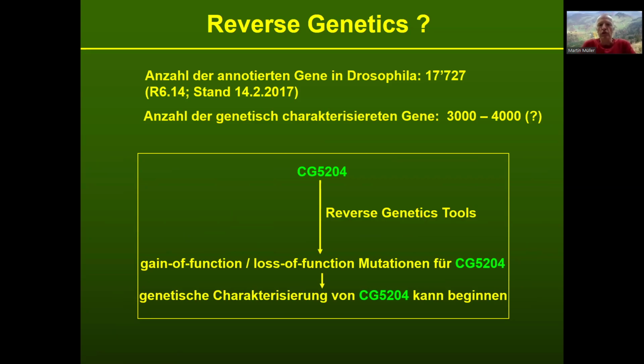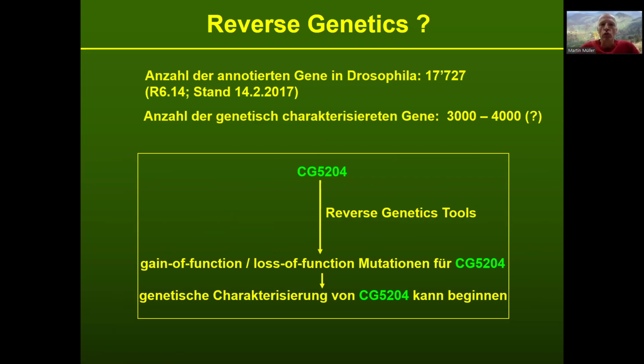The problem with forward genetics is you cannot mutate every gene to give a phenotype. That is not the case. Many genes, when mutated, do not give you a phenotype.